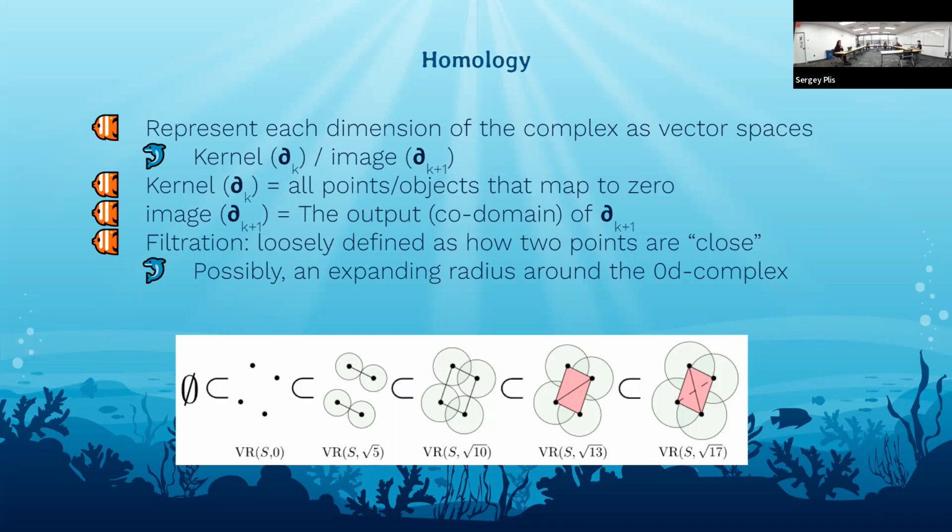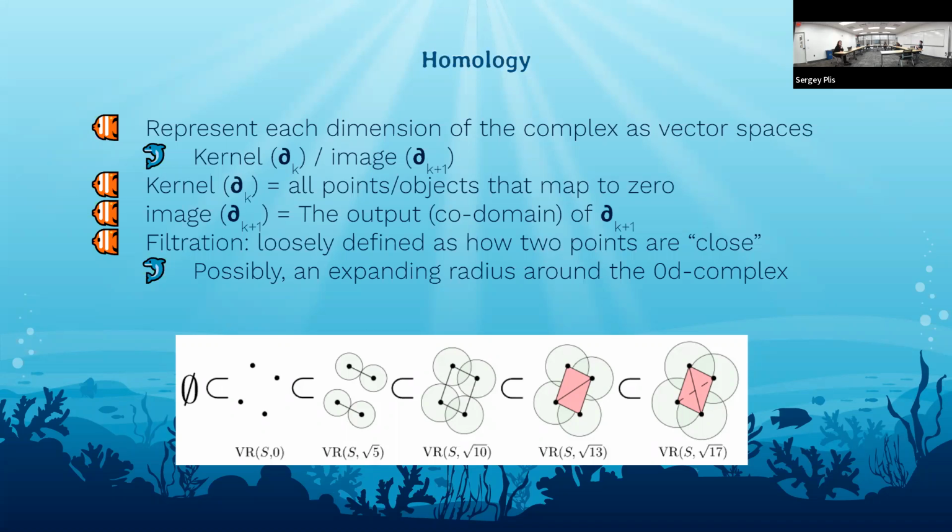It doesn't necessarily matter, but it's defined by the kernel of the lower boundary map, delta K, this simplicial function from dimension K to dimension K minus 1. So in essence it's this boundary mapping.